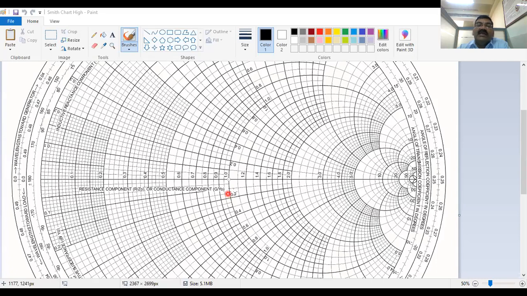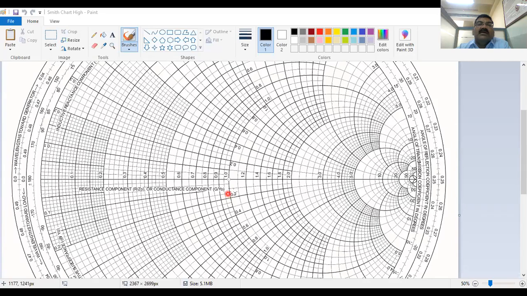So what is your real part? This real part is your resistance value. Now, which resistance value is of our interest? We need the real part of Z to be 2, so we will see where the real part 2 is.